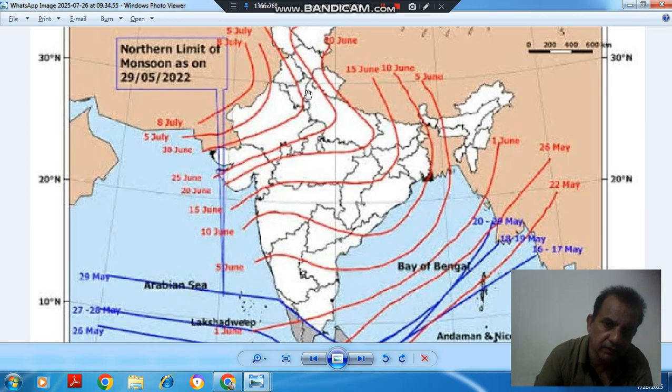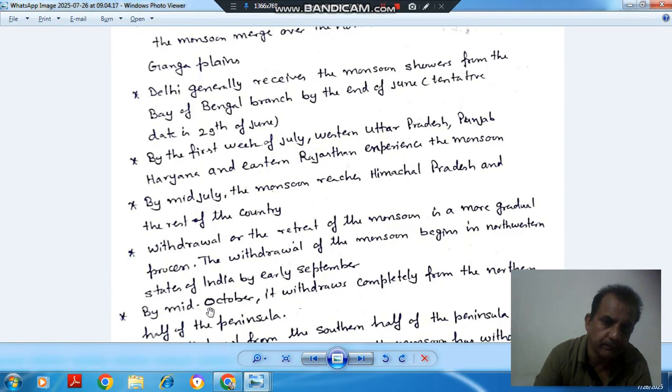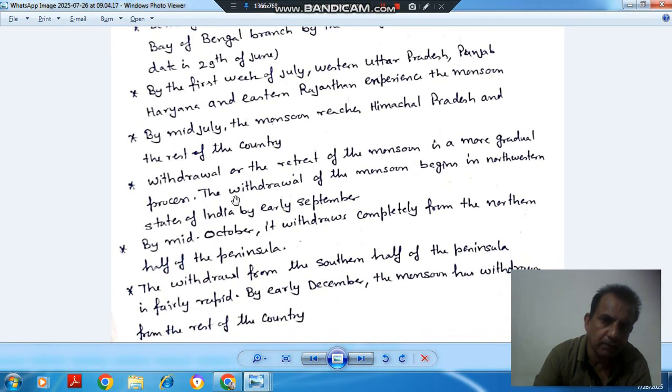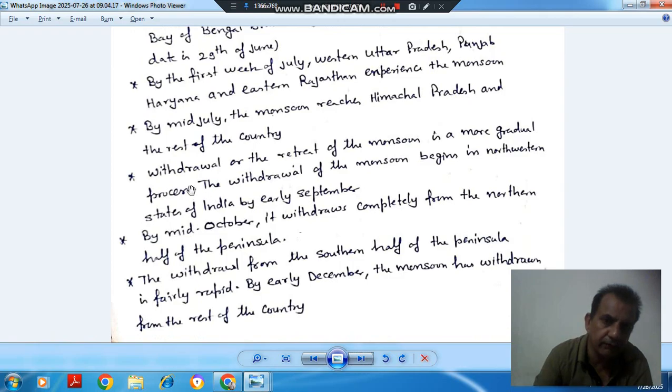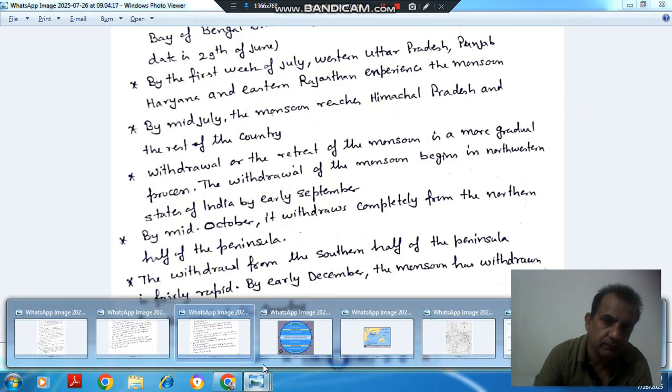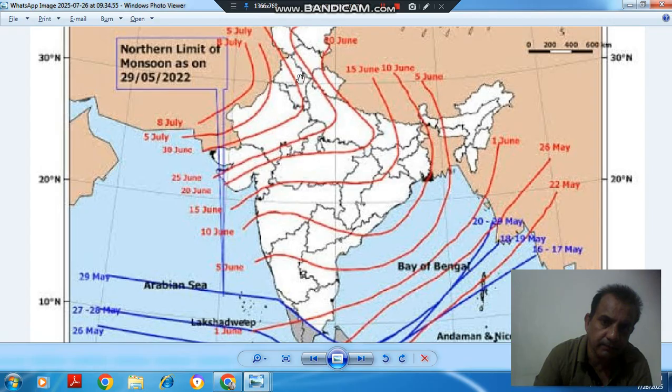Some Western UP, Rajasthan, Haryana, Punjab and Himachal receive rain in the first week of July or by mid-July. By mid-July the monsoon reaches Himachal Pradesh and the rest of the country. So here by mid-July you can see this.